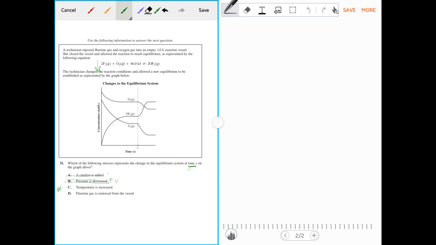So I should see an increase in oxygen and a decrease in oxygen difluoride. That isn't what we see here. We actually see the opposite. We see an increase in oxygen difluoride and a decrease in our oxygen gas. So this one also doesn't really make sense, which means in this situation, 31C is the best answer.